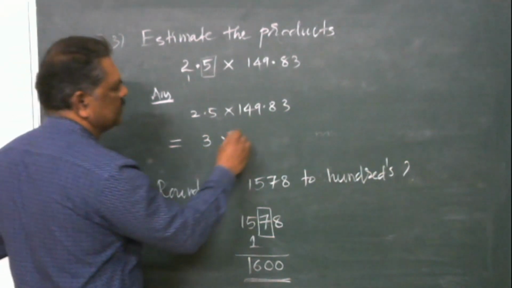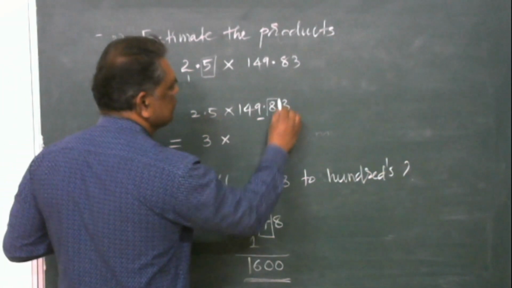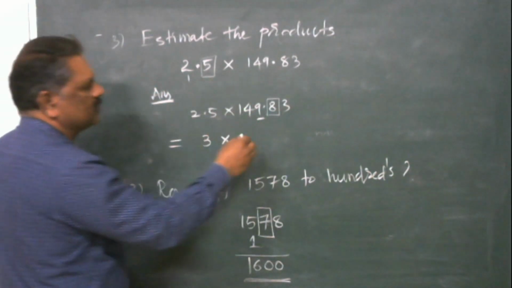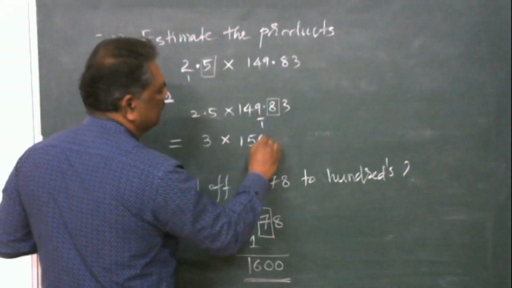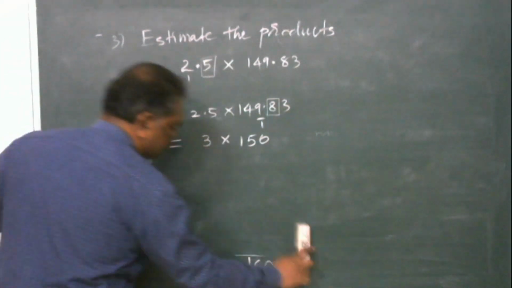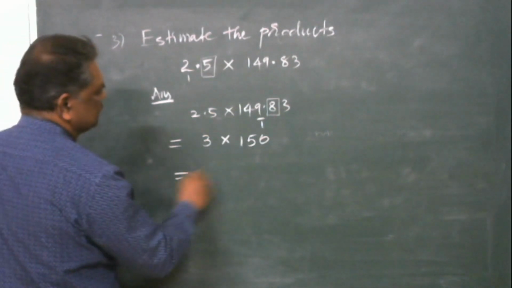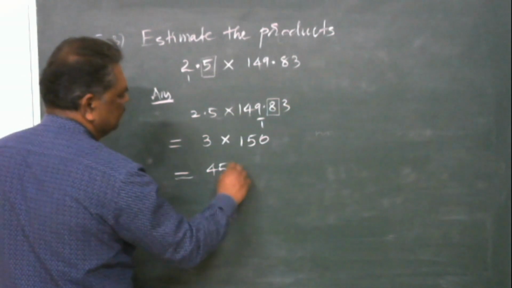And 149.83 we also estimate to the nearest unit place. Here it is above 5, so we need to add 1, and this becomes 150. Now we can estimate the product. 3 into 150 is 450.